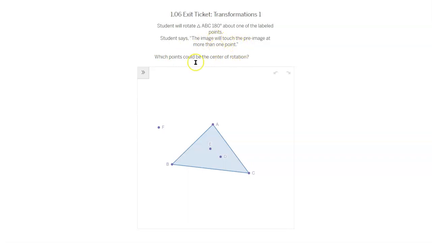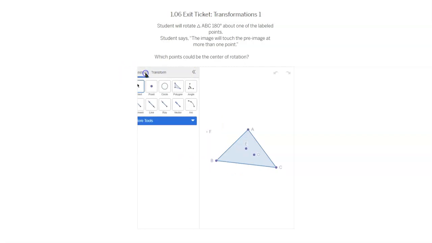So notice that this triangle has to touch itself at other points rather than just one. Let me show you an example.